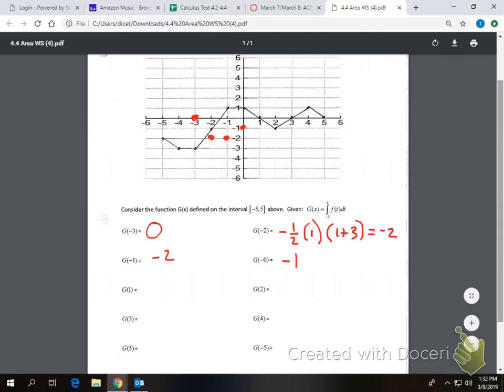G of 1. What is it? No, it's not -1. So up from here to here, I have -1. Then I'm going to add that half triangle. So what's g of 1? -1/2. So at g of 1, we're at -1/2.